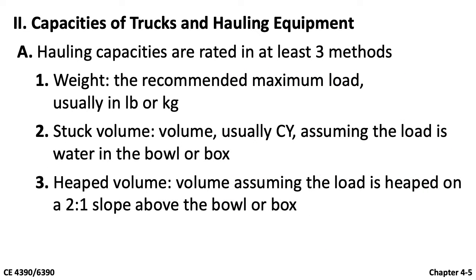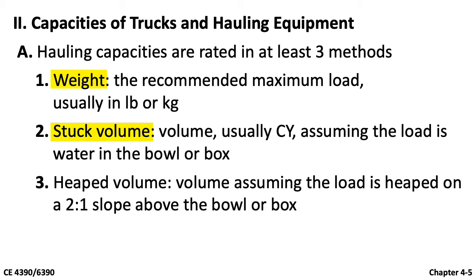Section 2, Capacities of trucks and hauling equipment. Hauling capacities are rated in at least 3 methods. Number 1, weight. Using this method, the recommended maximum load, usually in pounds or kilograms, will be given.